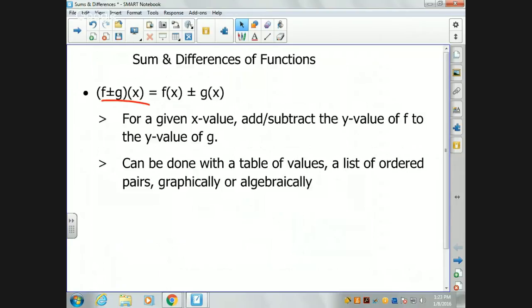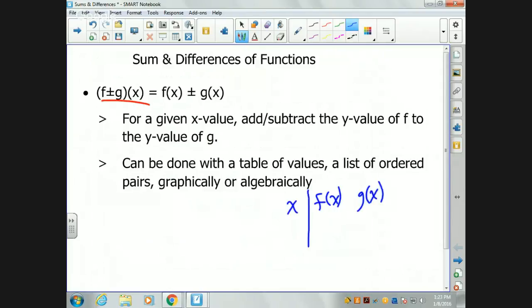We can certainly do this with a table of values. The table would look a little bit different than the one that you're used to seeing. You could have an x in it, and instead of a y, you can have f at x and g of x, because you have two different y values.